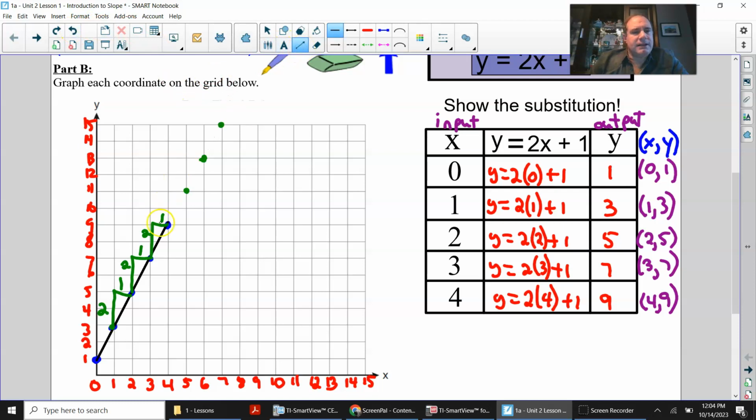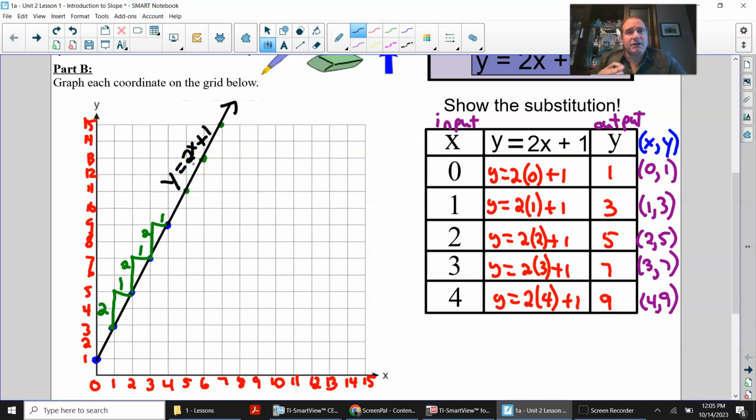What you want to do when you draw a line like this is go beyond the last point and put an arrow because it goes in that direction forever. And then on this line, we're going to name it y equals 2x plus 1.